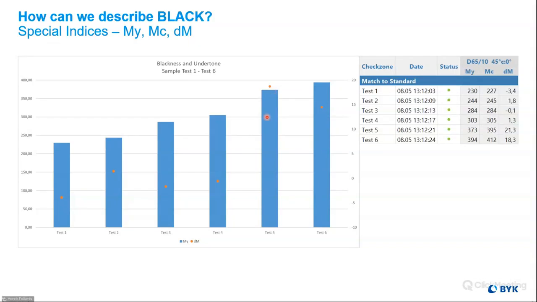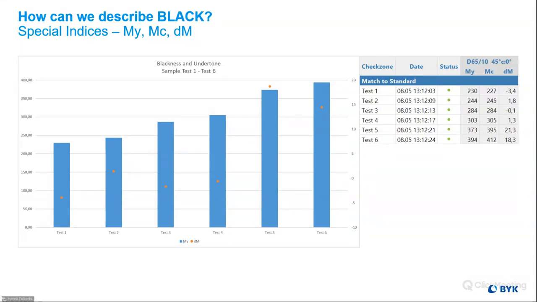These orange dots here show the average DM, so the undertone, after 50 measurements, and the related y-axis is here on the right side.